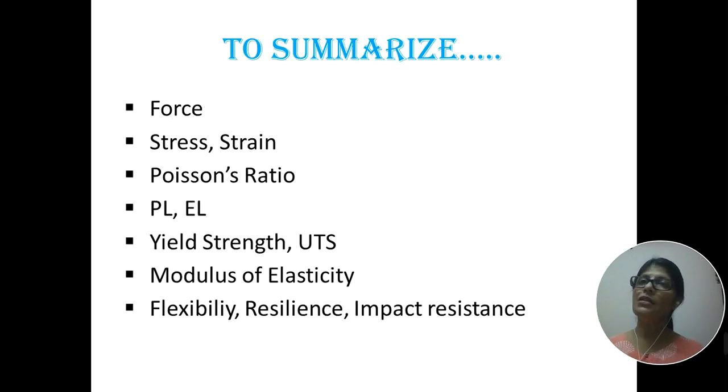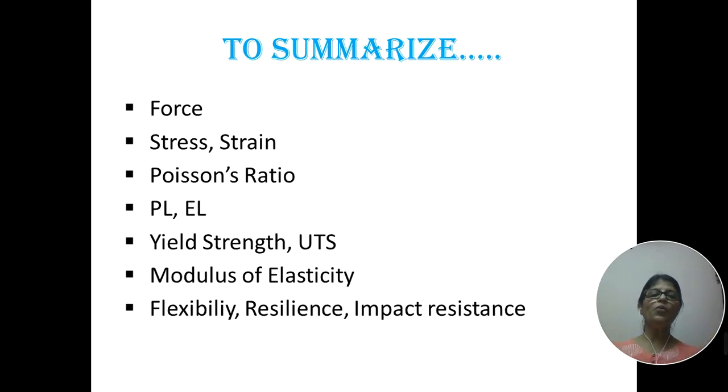So these are the few properties we have studied today. To summarize, we have seen what a force is. Force is nothing but a change in the motion of the body. Stress is the internal reaction to the external stimuli. Strain is the deformation of the body due to the external forces. Poisson's ratio is the ratio between the lateral strain and the longitudinal strain.